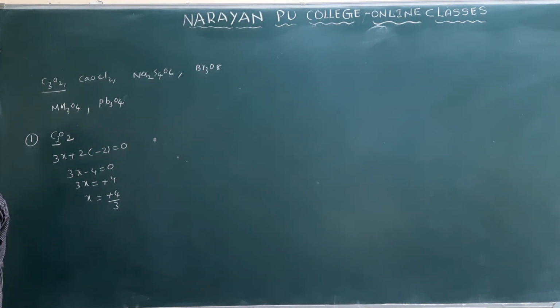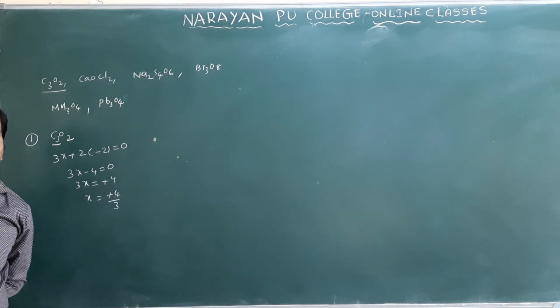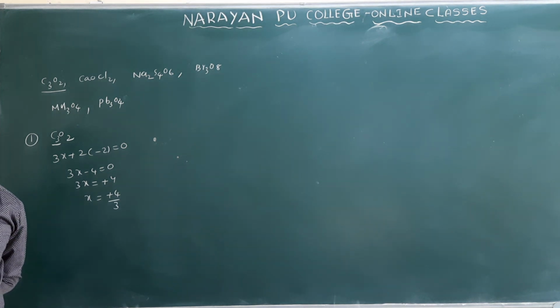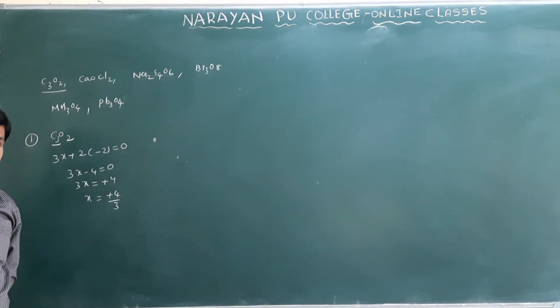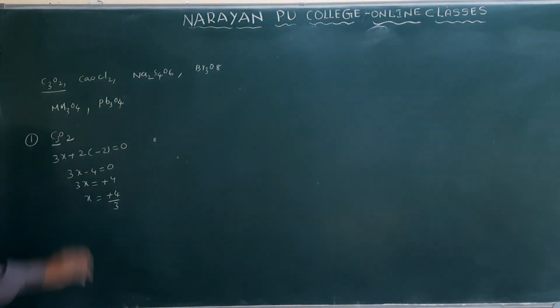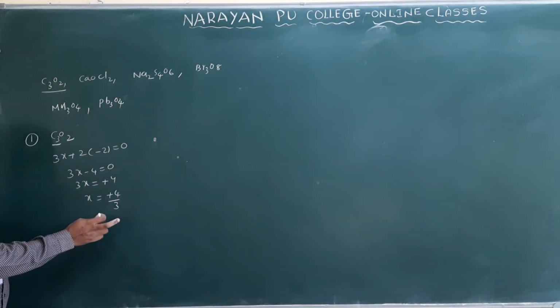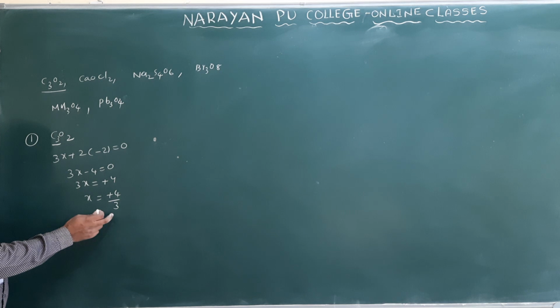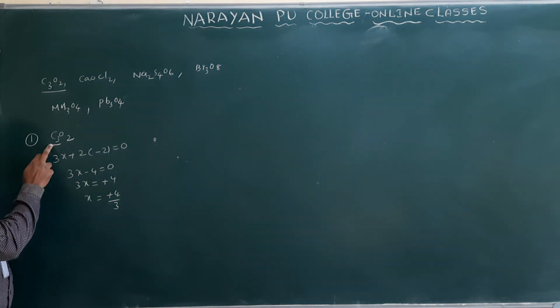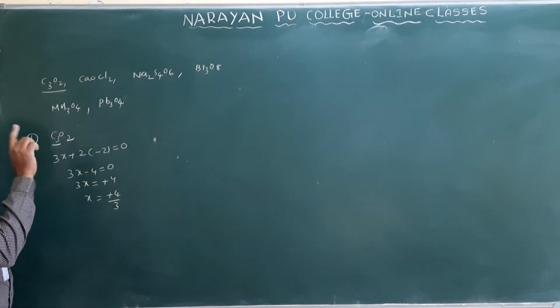If more than one atom of the same element is present in the compound, you will get a fractional oxidation number. The fractional oxidation number belongs to all the atoms present in the molecule. Here you got plus 4 by 3. This plus 4 by 3 belongs to how many carbons? 3 carbons. It does not belong to only one carbon.